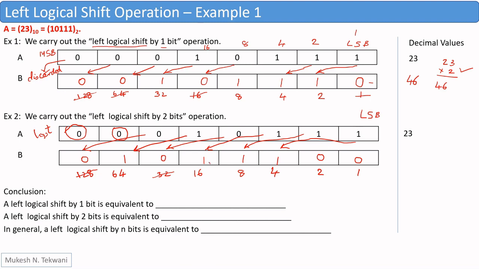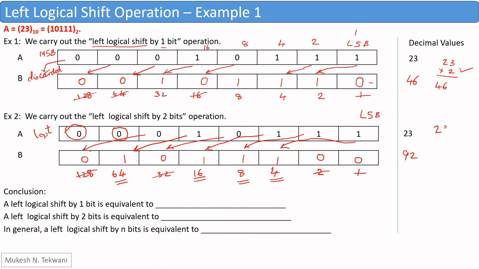Then we have 16, 8 multiplied with 1, 4 multiplied with 1, and this 2, since the bit value is 0, this will become 0. So we are left with 64 plus 16, that is 80, 88, and 4 is 92. So this value that we get is 92.